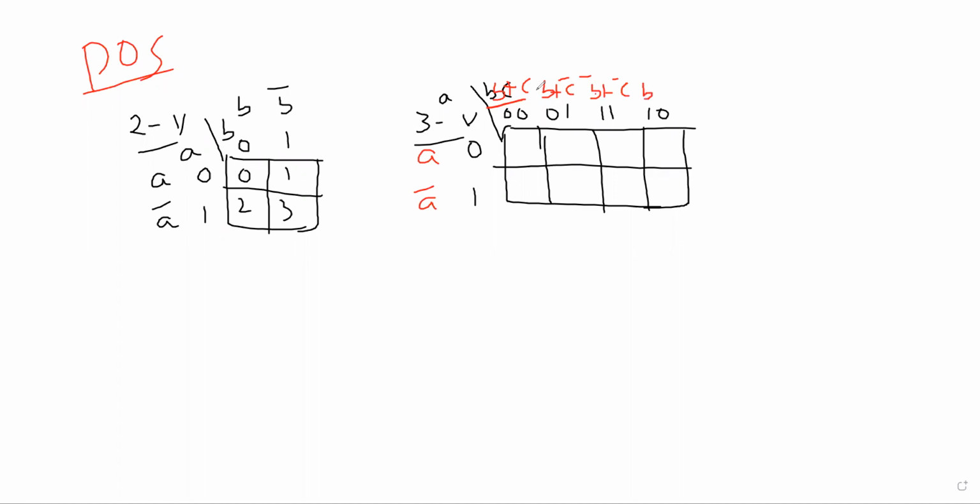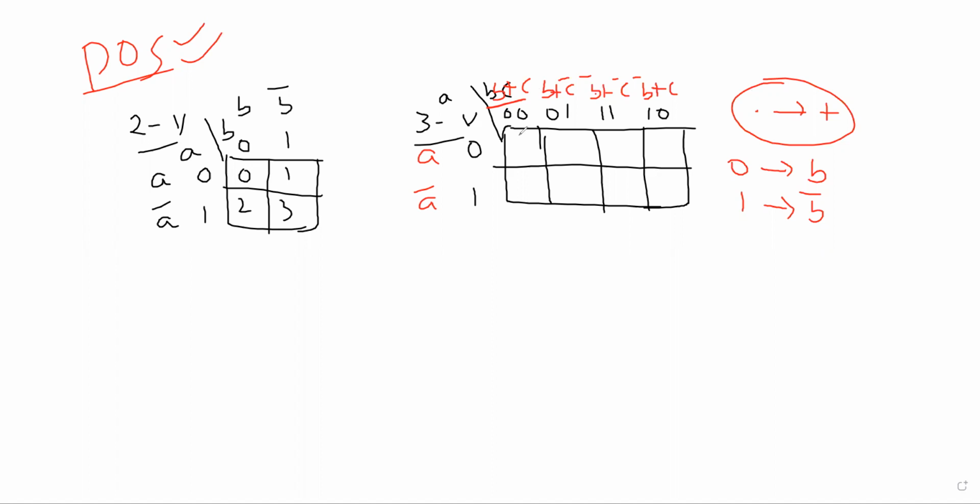Now it will be B complement plus C. That means the dot is replaced with plus. Okay. Now one more point here is, if it is 0, it should be the normal one, either B or A. If it is 1, it should be the complement of it, especially for product of sums.